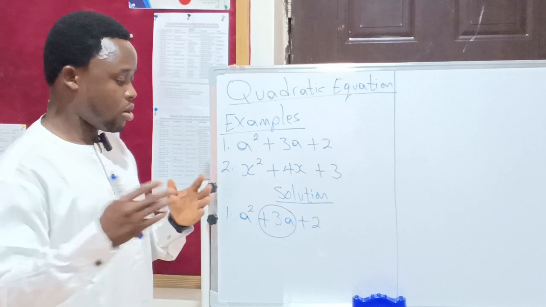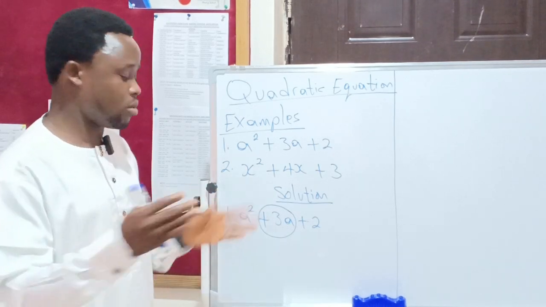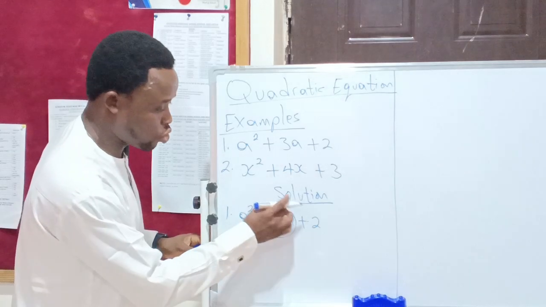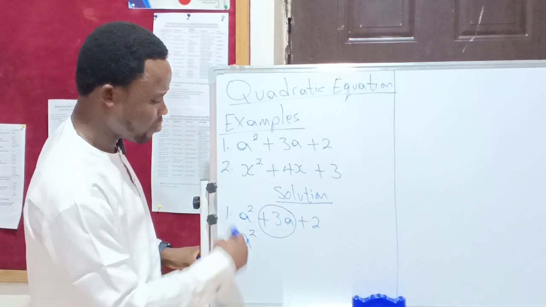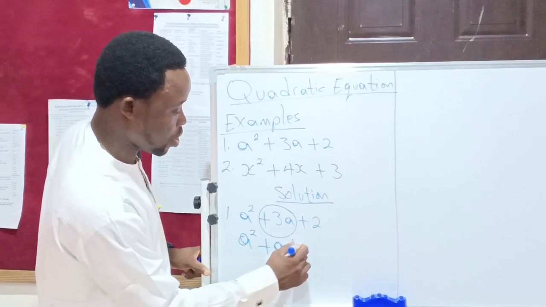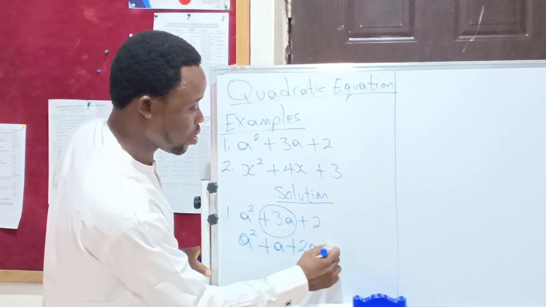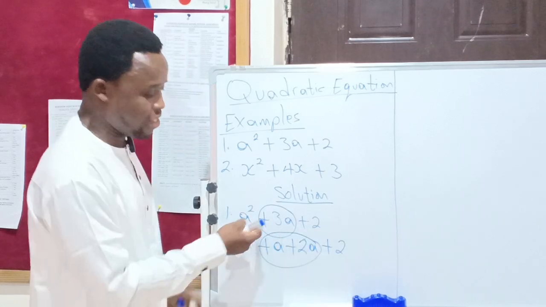So to replace plus 3a, I'm going to have a squared plus a plus 2a plus 2, meaning this is replacing this.